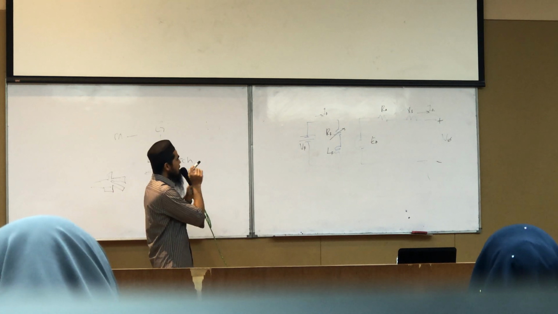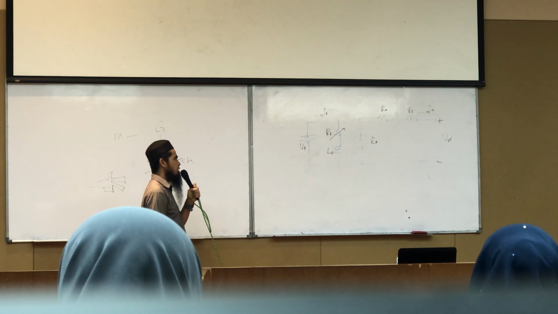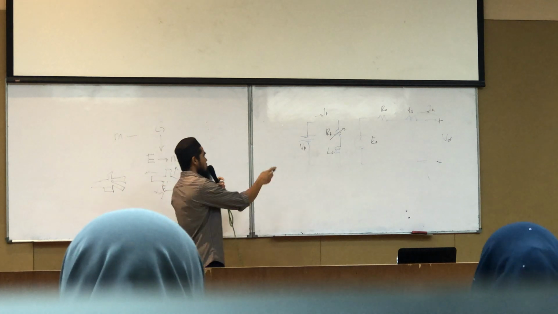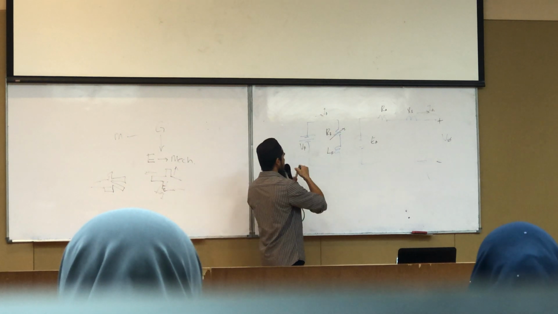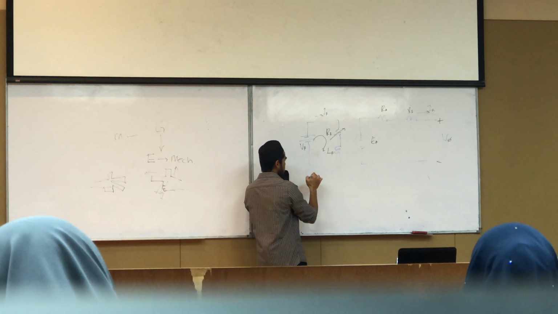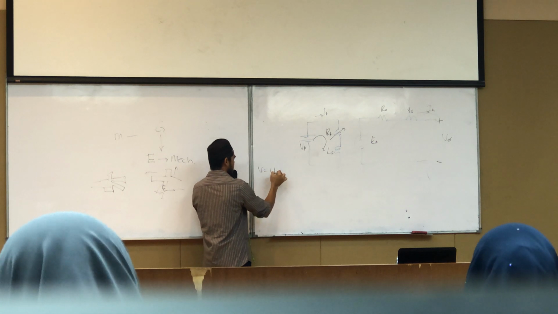From the circuit itself, actually you can derive the formula. So you tak perlu nak hafal formula sebenarnya. You can derive it yourself. So if this part, you draw dia punya current flow. So just follow the Ohm's formula. V equal to IR.